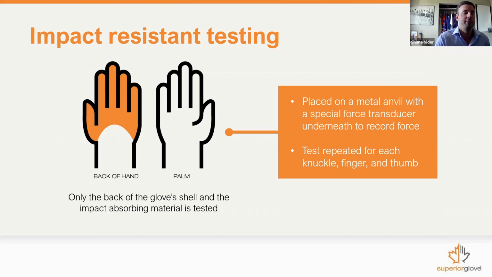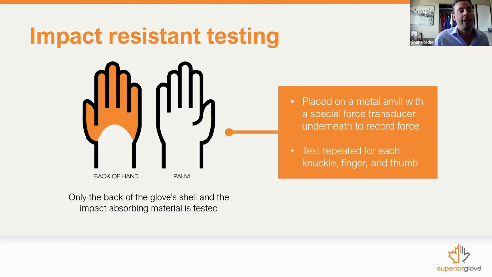And so similar to cut, similar to heat, the standard calls for manufacturers to test up to the fingertips, the knuckles, and then really all points of the knuckles, but really not the full back of the hand. And you might think that that's odd or interesting, and we would agree. When you're working in the industrial setting, you could have a forceful smack on any part of the back of your hand.